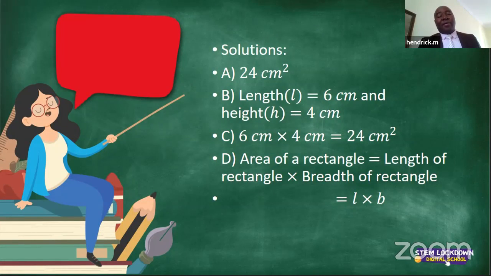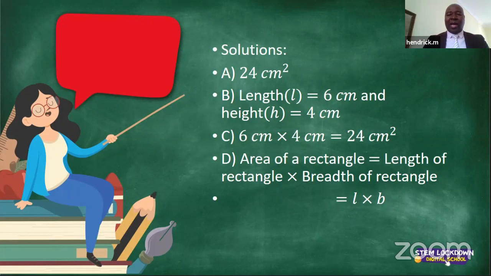But the difference with the rectangle is that you multiply the length with the breadth, because a rectangle, unlike a square, has a length and a breadth. I hope the formula to calculate the area of a rectangle makes a lot of sense by now. But of course, we are still going to have several examples. This was just the introduction.